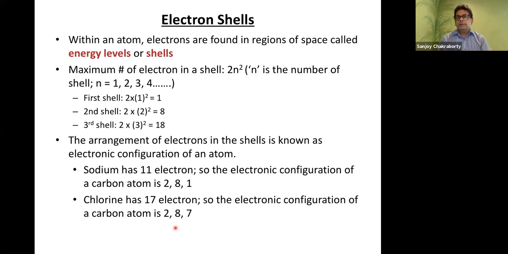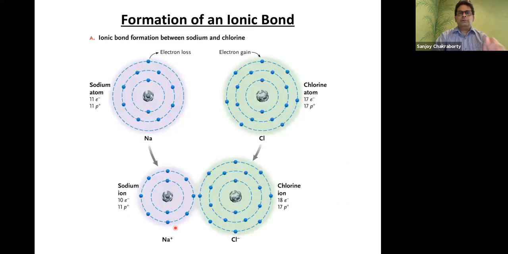So now what happened? When sodium lost 1 electron, this is interesting, and you have to understand this. I'm going to use this particular picture to explain. Sodium's electronic configuration is 2, 8, 1 because they have atomic number 11. So they have 11 protons and 11 electrons. So they're electrically neutral.